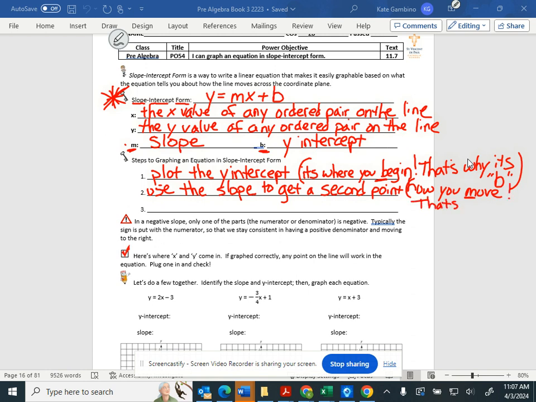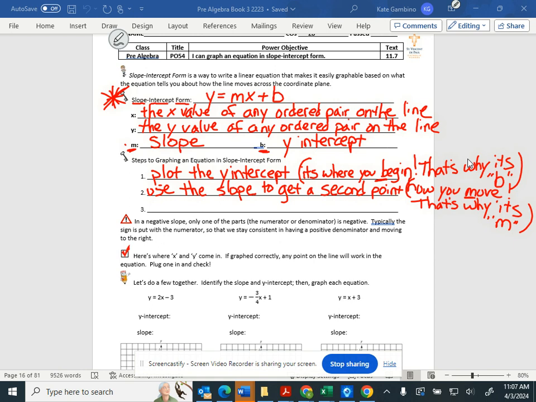That's why it's the m. So the m is moving, that's our slope, how our line moves across the coordinate plane. So b is the y-intercept, we plot that right on the y-axis. The m is our slope, we use that to plot another point.